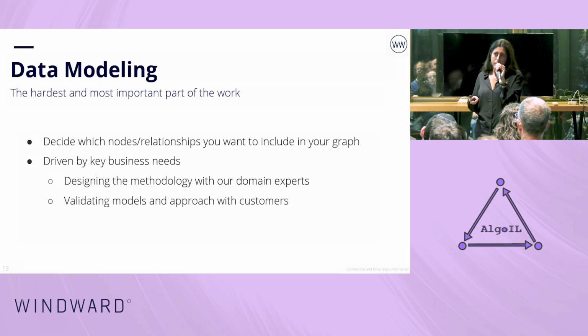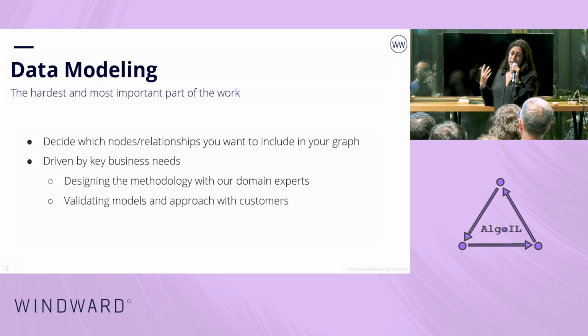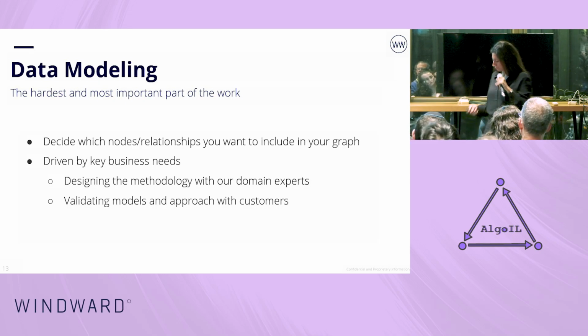So it was very important for us that throughout the whole process, we validated all our models and approaches with business people: on the one hand, with our team of domain experts, our team of analysts here, and two, with our customers.